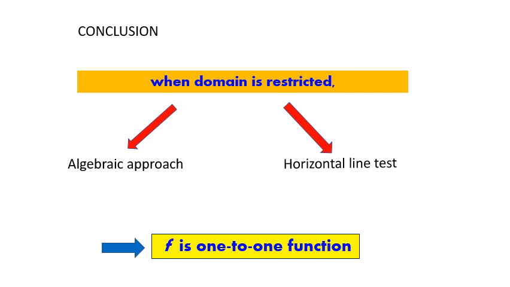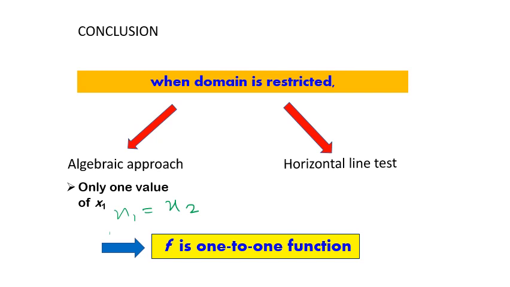Right. So as a conclusion, what can we get from these two examples? Yes, that is when the domain is restricted. If you're using the algebraic approach, there's only one value of x1, that is x1 equals x2.